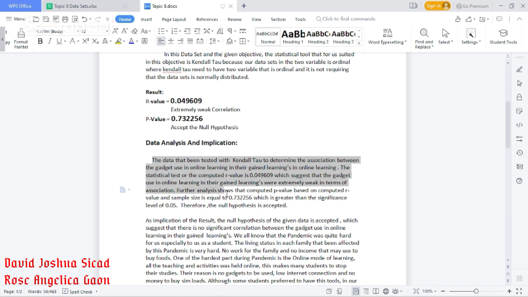Further analysis shows that the computed p-value is equal to 0.732256, which is greater than the significance level of 0.05. Therefore, the null hypothesis is accepted.